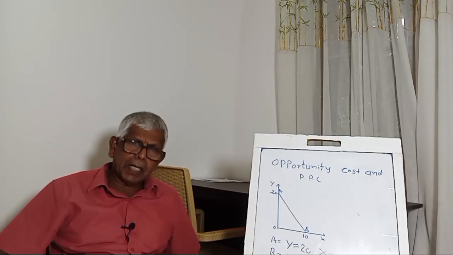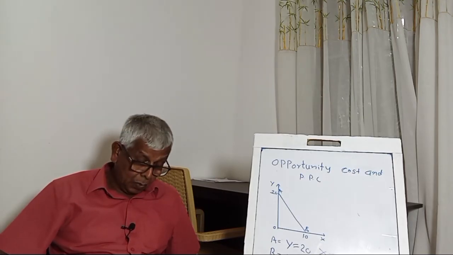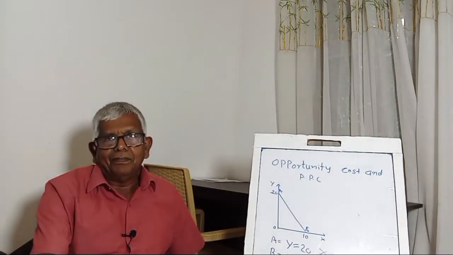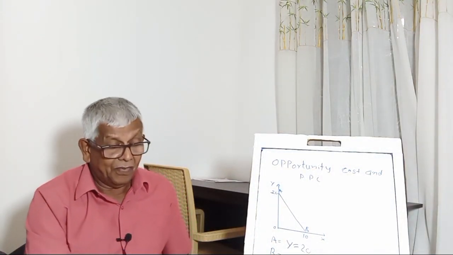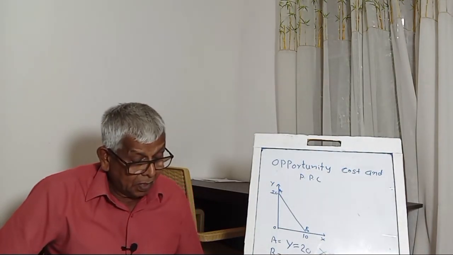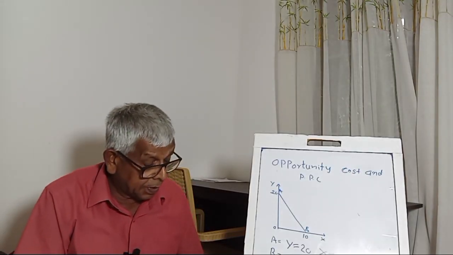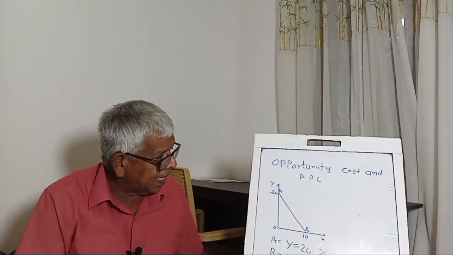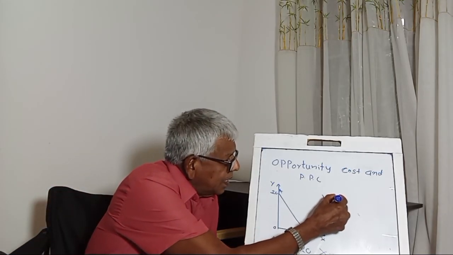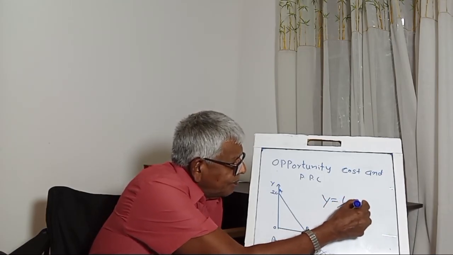Accordingly, we can express the cost of one good in terms of the other. We can express the opportunity cost of one unit of x in terms of y as follows: y equals half x.